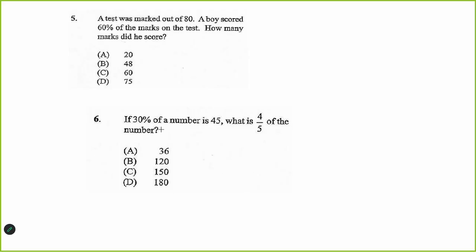This one here, repeated question, that is 60% of 80. 6 8s are 48, so the answer is B. Right, this is our repeated question. I believe it was 150, but I'm not 100% sure. That's 30 over 100 multiplied by some number is 4/5.